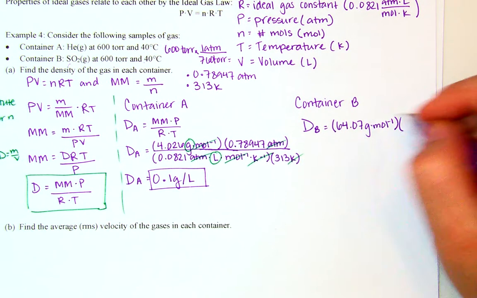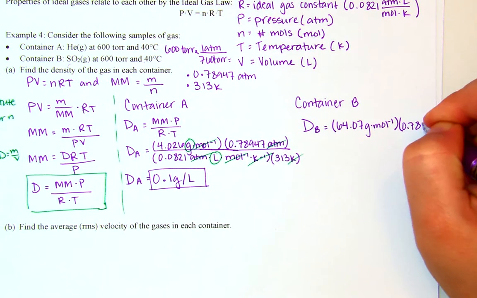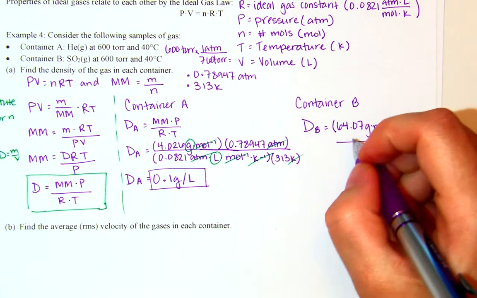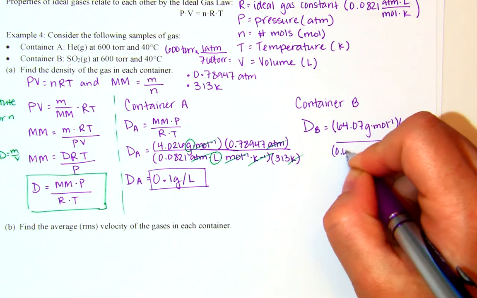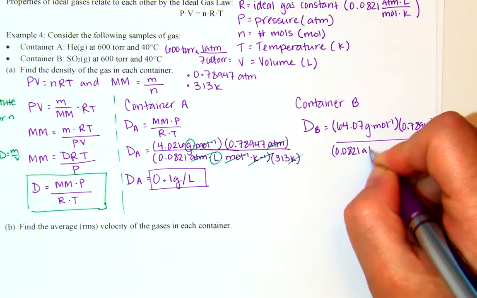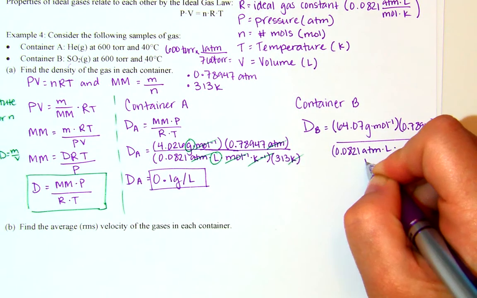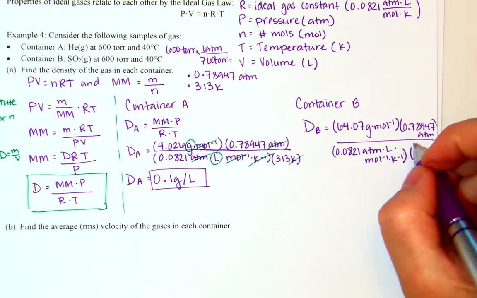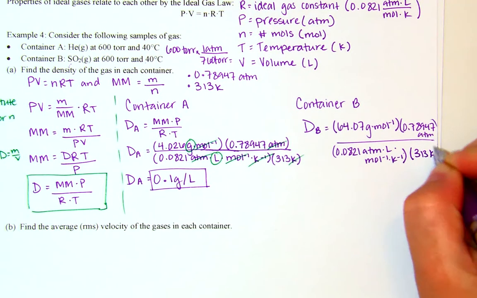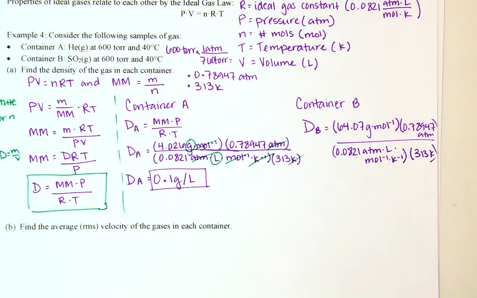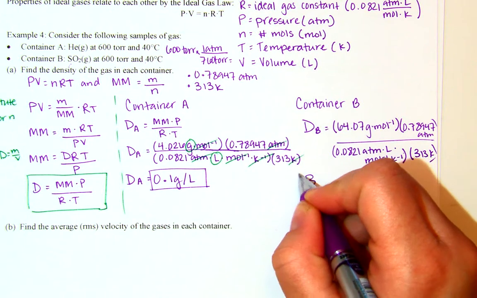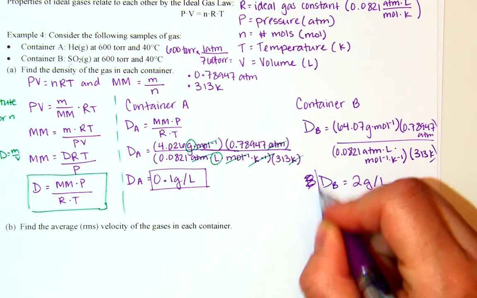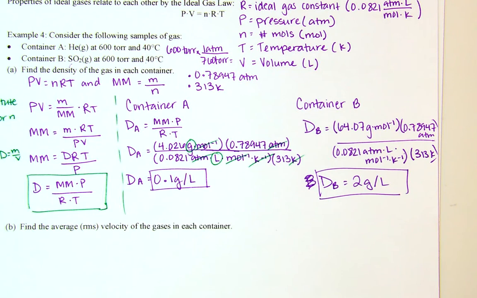Same pressure, over same R, and same temperature. So again, the only thing that changed here is our molar mass. When you plug all this in, you end up getting 2 grams per liter. Huge difference.